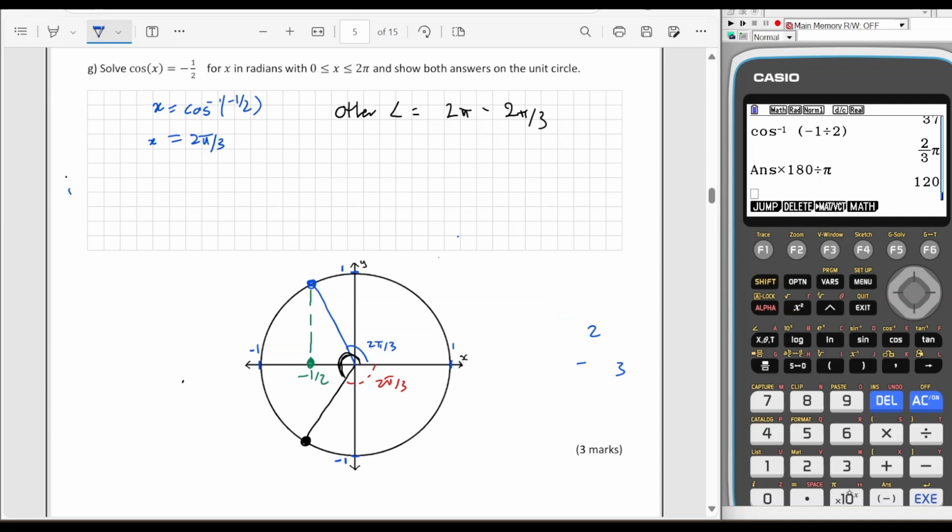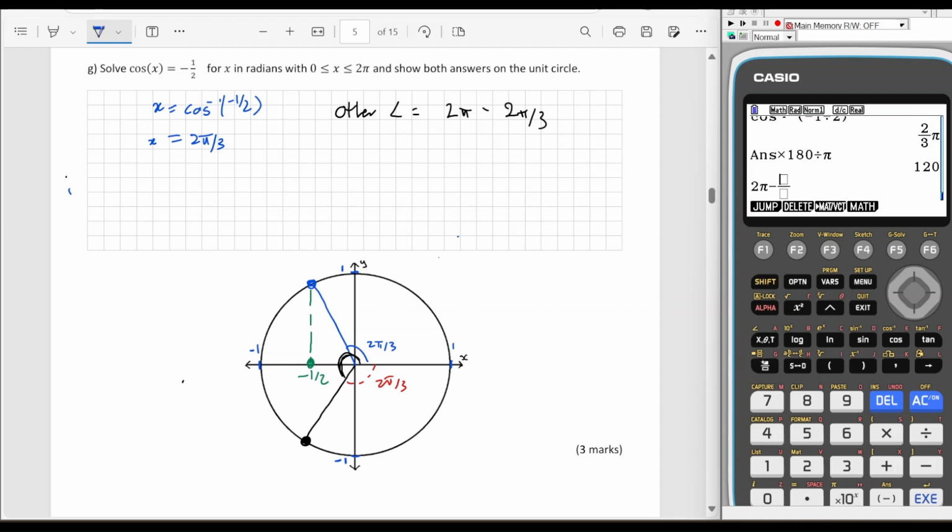Okay. So we can work that out. Again, you can do this by hand if you want, and I do recommend practicing it so that you get nice and quick at these questions. But if you're actually in an exam, you just don't want to make a mistake. It's 4 pi over 3.